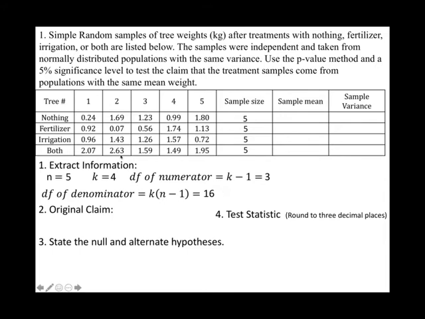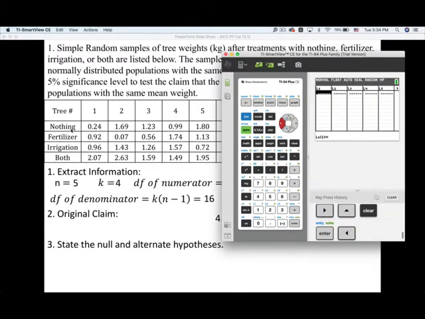Now use your calculator. Plug in your data in L1, L2, L3, and L4. Figure out the sample mean and sample variance. Now I'm going to plug in L1 for my nothing.